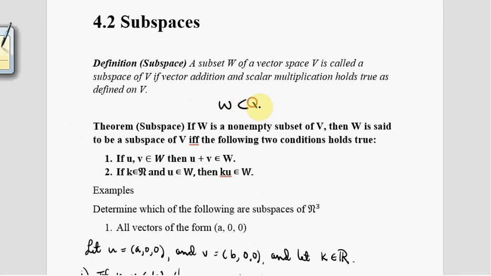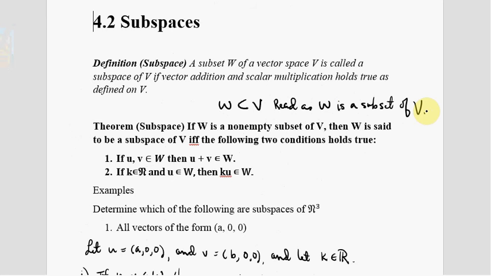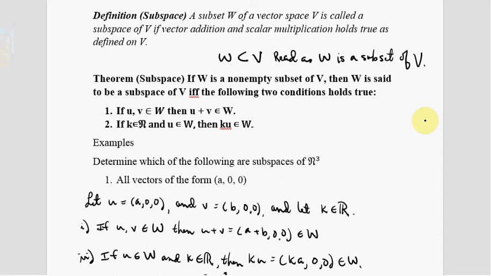W is a subset of V. So W can be a subset of V, but W may not necessarily be a subspace. W can be within something, but for the strict definition of a subspace, we have to adhere to these 2 properties.